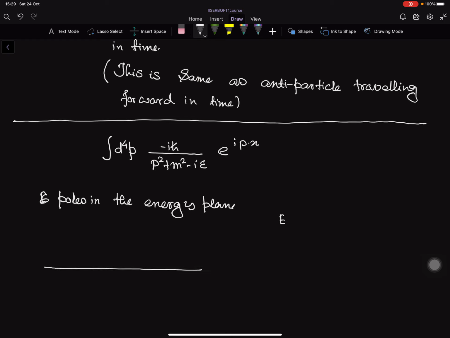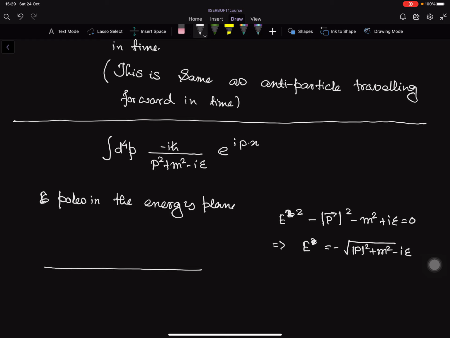So E squared minus p vector squared minus m square plus i epsilon equals 0. So E squared is equal to p squared plus m squared minus i epsilon.